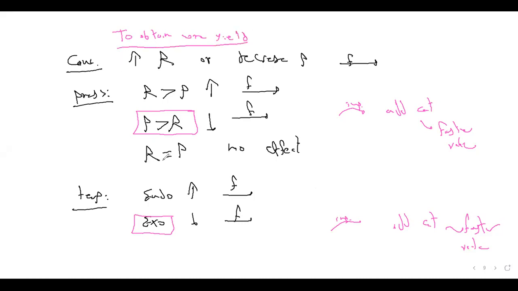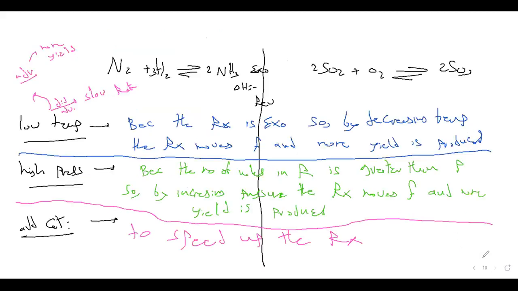In case of equal number of moles, pressure doesn't affect. In an endothermic reaction, increase the temperature to make the reaction move forward. In an exothermic reaction, we must decrease temperature to make the reaction move forward.